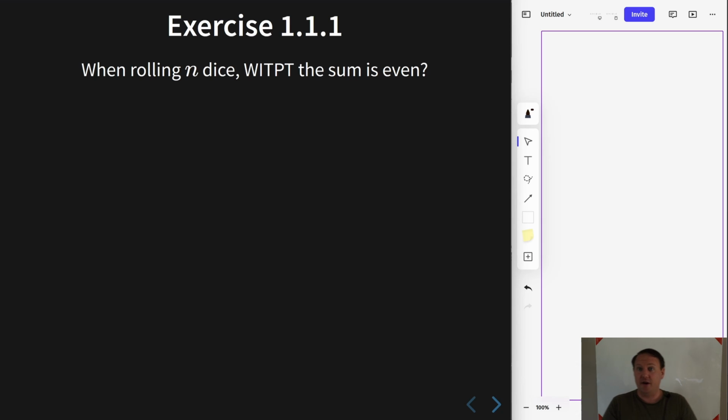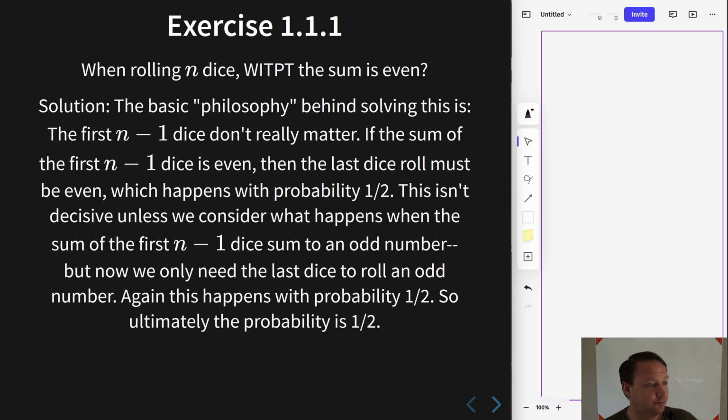So, if you're ready for the solution, you should probably think about it for yourself and try to come up with a solution. Pause the video, come back when you're ready. But in any case, here's my solution. The basic trick here is to realize that the first n-1 tosses of the dice don't really matter.